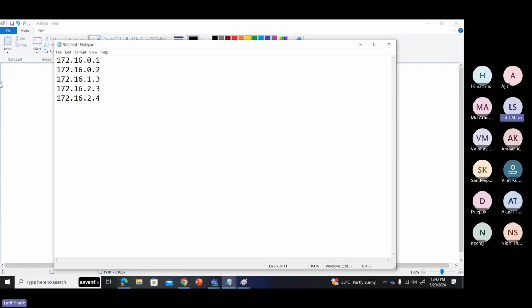It means all these devices will communicate with each other in the same network. In case there is a sixth device, and I give it an IP address like this, it won't communicate. Why? Because it is a different network. This is the same network, but from here to here it's again a different network. For example, here I gave like this.